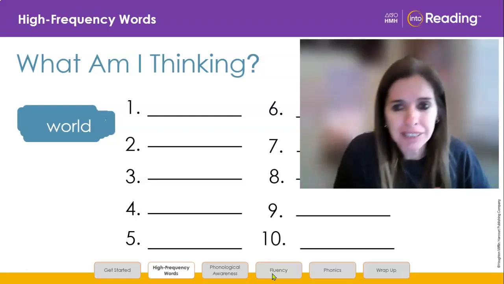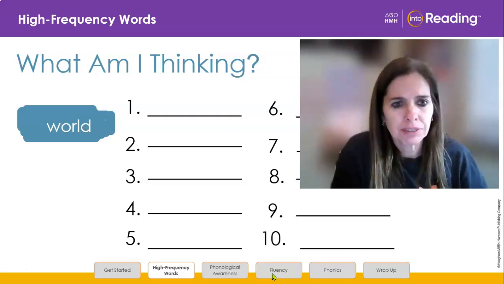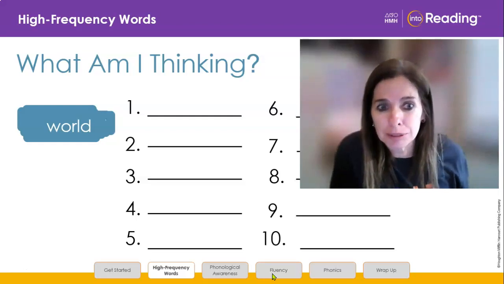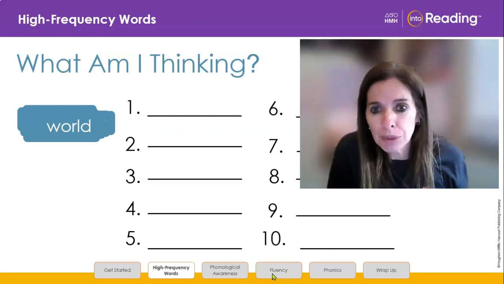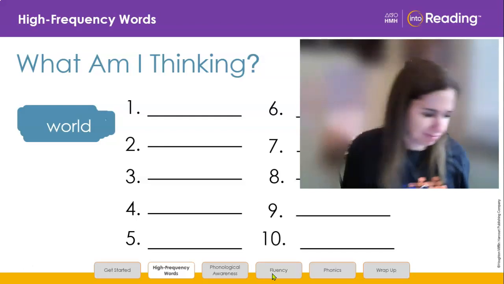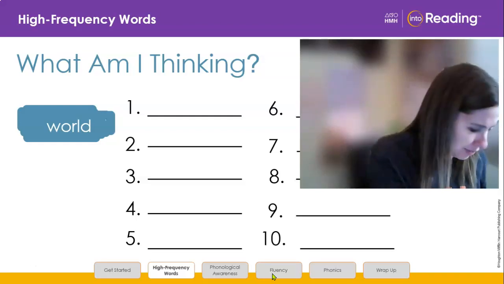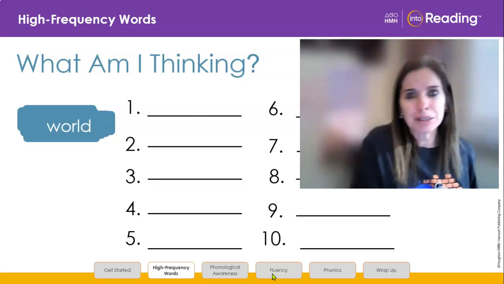For number 5, the clues are: it has 2 syllables, which means you can clap it out. It rhymes with bunny. And we use this word in math a lot. Make sure you write it next to number 5, because you're going to need to know it without my clues in a moment.